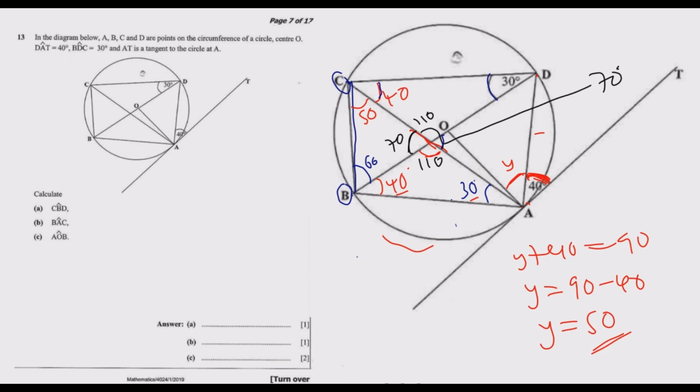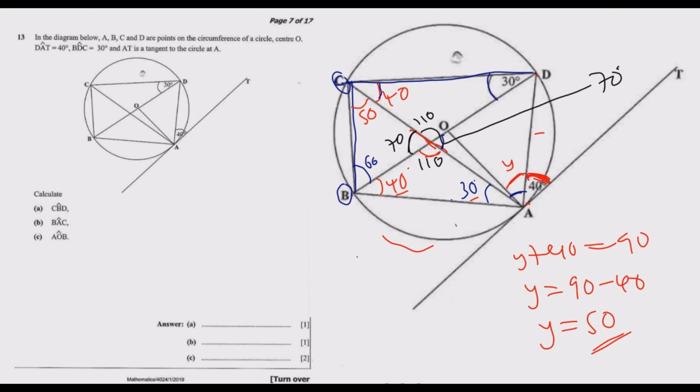If this angle is 60, then what else can we find? This whole angle here should also be 60, because we have C and D. This is a chord forming two segments, and all the angles in the same segment, starting from the two points which form a chord, should be the same.